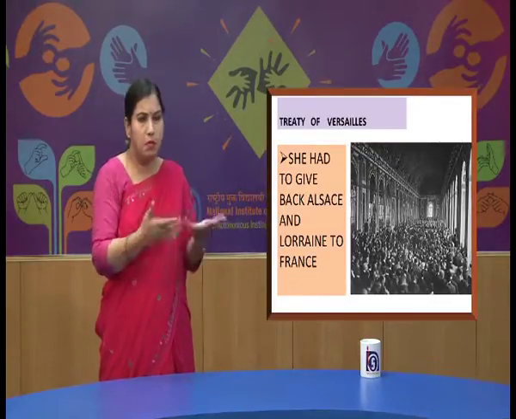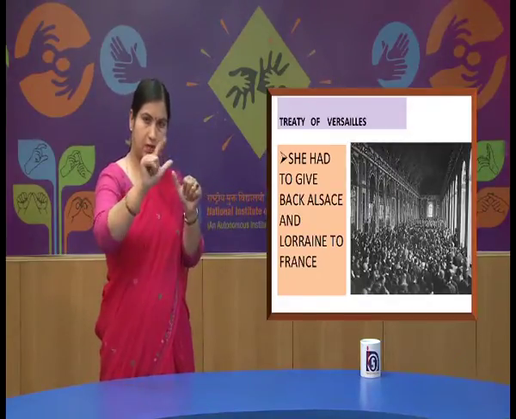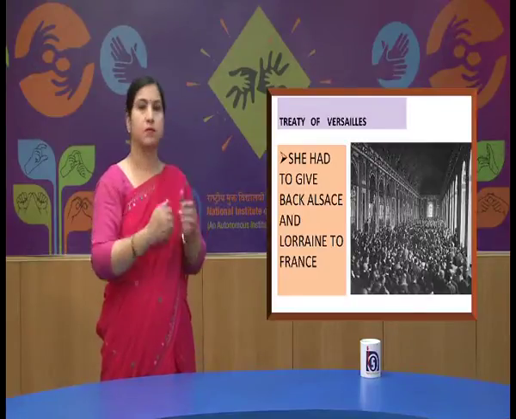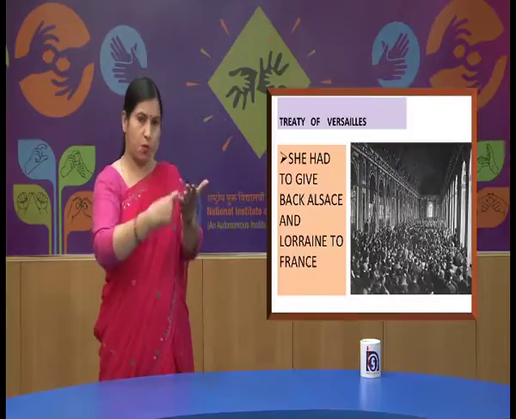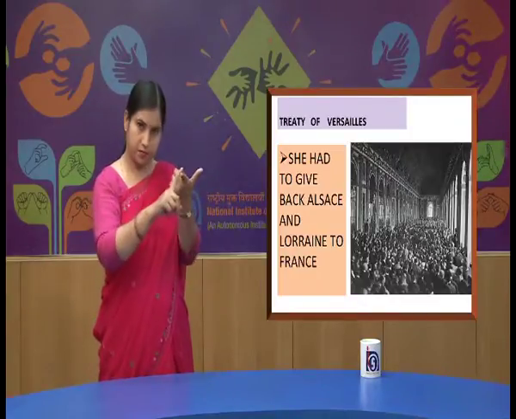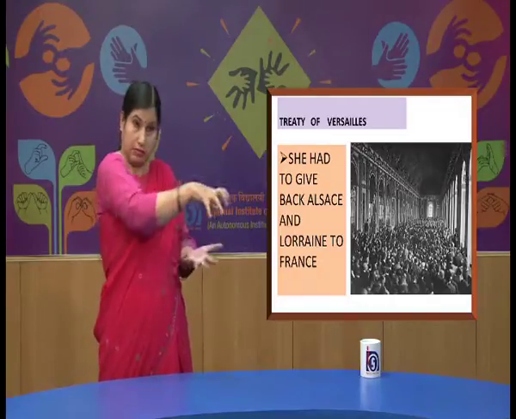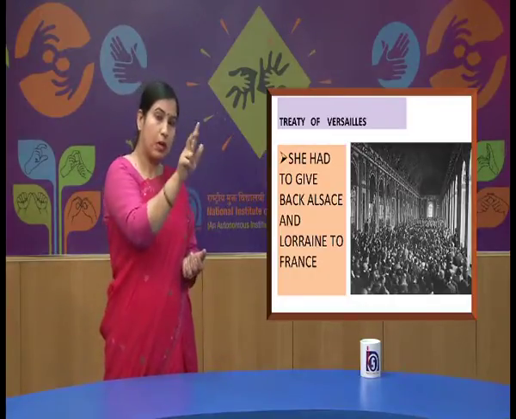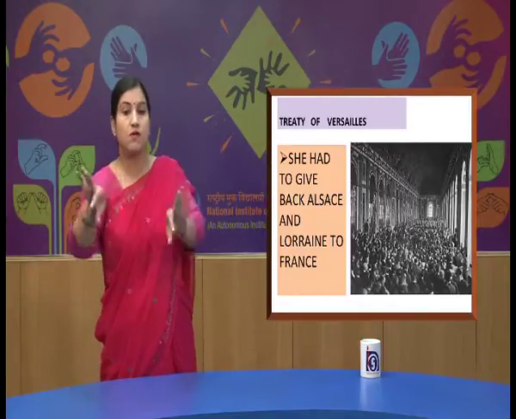The region of Alsace-Lorraine, that Germany had occupied in the year 1871, was given back to France.